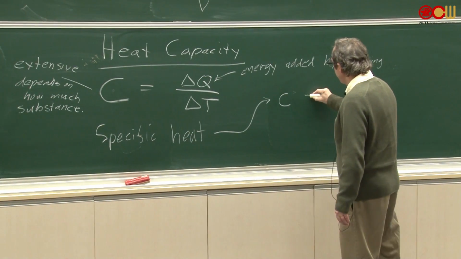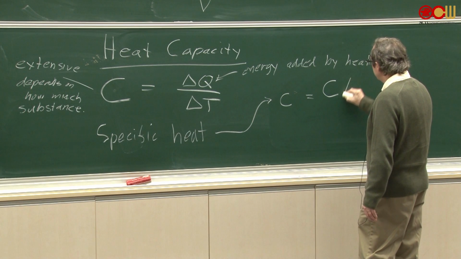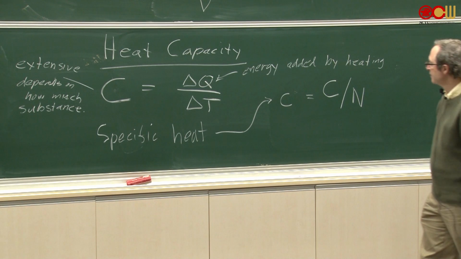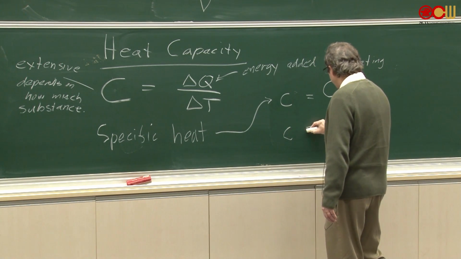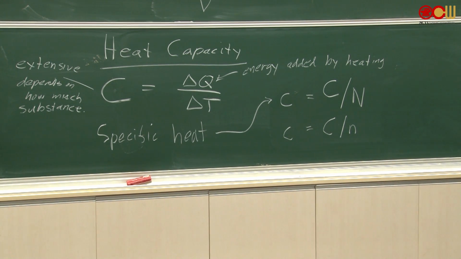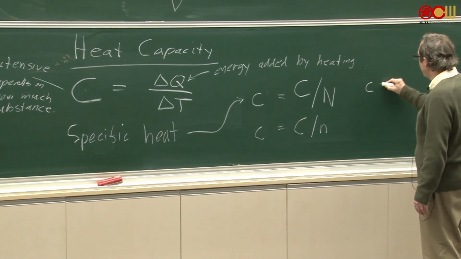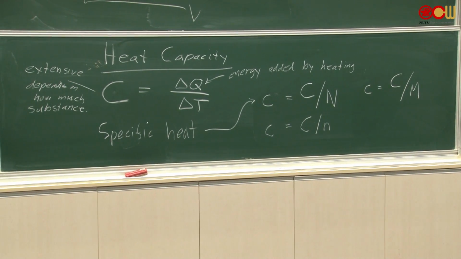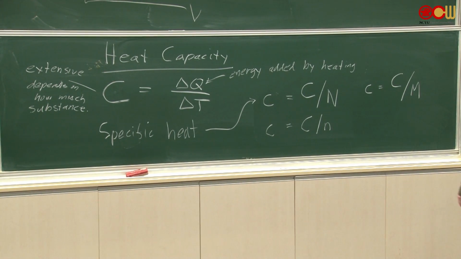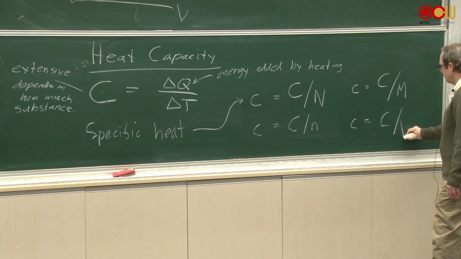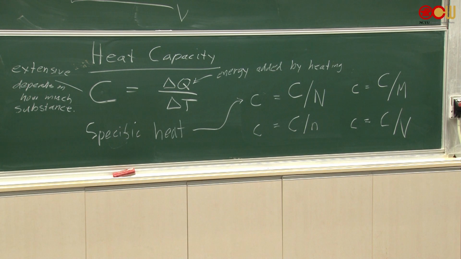All right. So the specific heat, there are many ways. You could define it as the heat capacity divided by the number of particles. That's one way. You can define it by the heat capacity divided by the number of moles. That's another way. You can define it by the heat capacity divided by the mass that you have. Another way you can do it, this is not very common, is heat capacity divided by the volume. Okay?